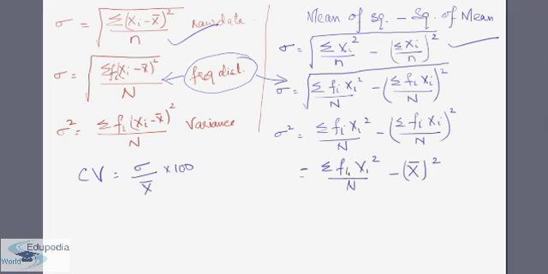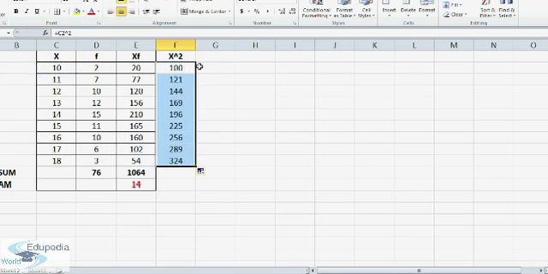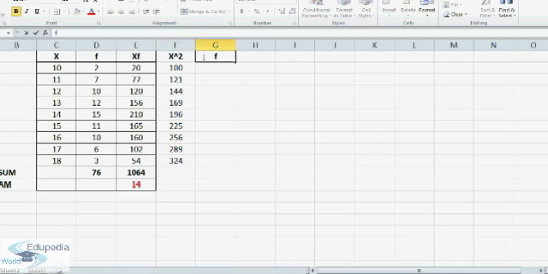Okay, so all we need to do is take the squares of the individual data. So just raise the values of the individual data to 2, and we get the squares of the values here. Then multiply this with the frequency, that is f, so you'll have f multiplied by x square, x raised to 2.